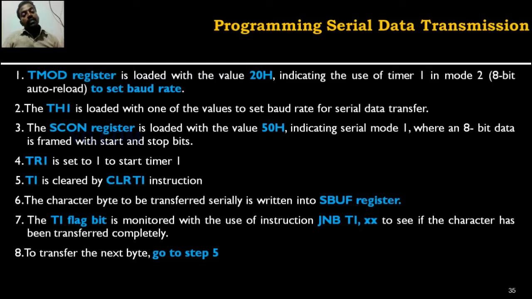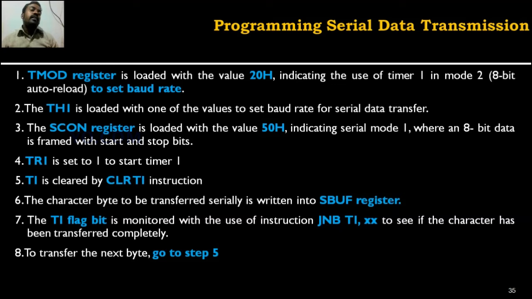Then the SCON register is loaded with the value 50H, indicating serial mode 1, where the 8-bit data is framed with start and stop bits. Then TR1 is set to 1 to start timer 1, where TR1 is the timer run bit. TI is cleared by the CLR TI instruction. The character byte to be transferred serially is written into the SBUF register.